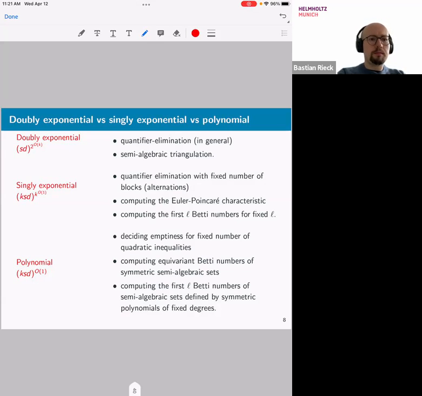All these are not obvious, and it requires analyzing the special geometry and topology of these semi-algebraic sets. I'm not going to talk more about them, but just to give an idea of the hierarchy of complexity results that one has. Okay.